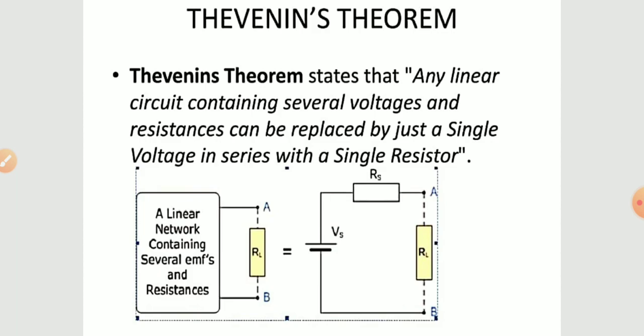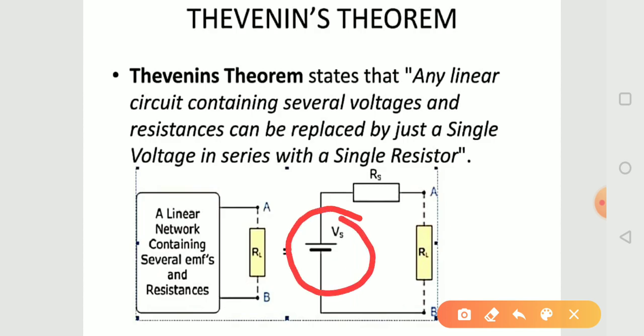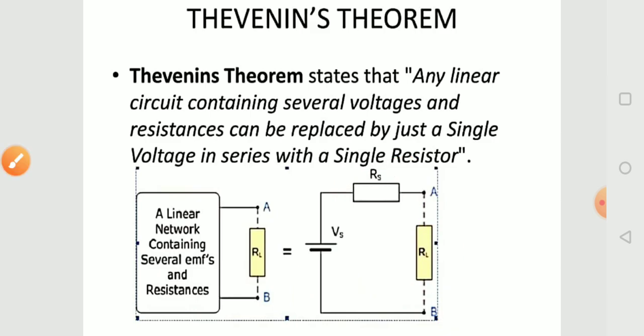We can see here the overall voltage is represented by this, and this total circuit resistance we call Thevenin's resistance, and the load resistance is here. So we combine the Thevenin's voltage and Thevenin's resistance with the load resistance in series. This is Thevenin's theorem.